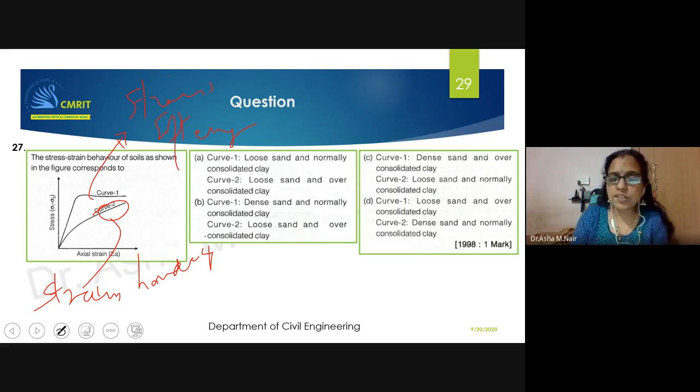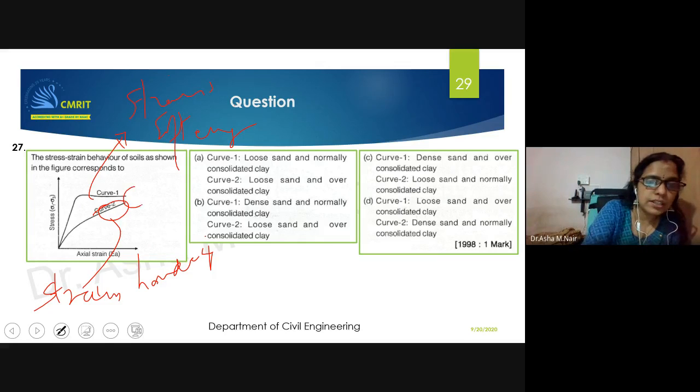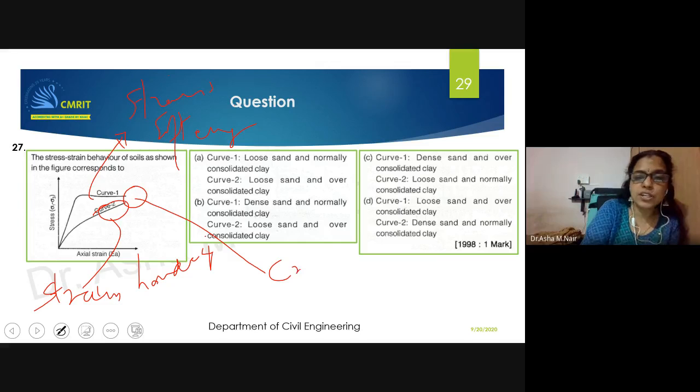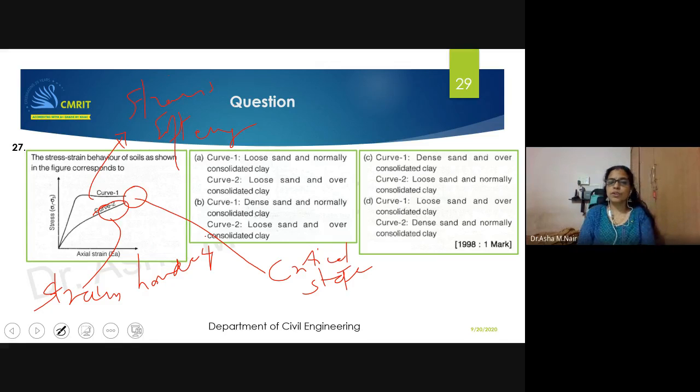So the top one is called strain softening. Please note, dense sand will always have a strain softening behavior, and the condition that they reach, we call this condition the critical state. So what is the condition that will be coming here?